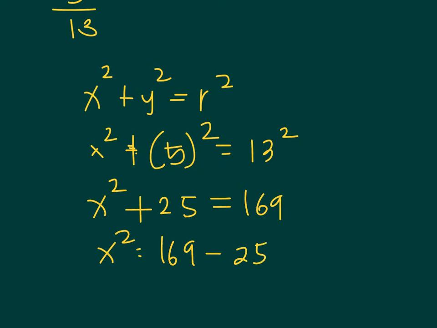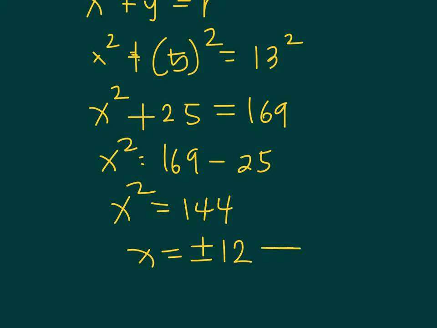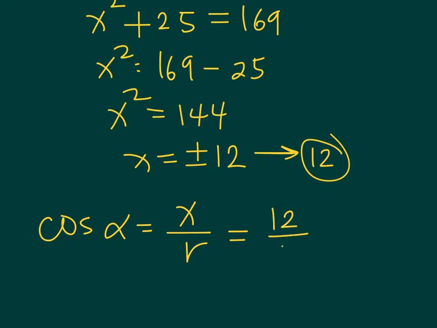What is 169 minus 25? 144. The special number. X must be equal to 12. Algebraically, plus and minus 12, but we need a measurement, a length, so we consider 12. So if x is equal to 12, then cosine of alpha is equal to x over r, which is 12 over 13.